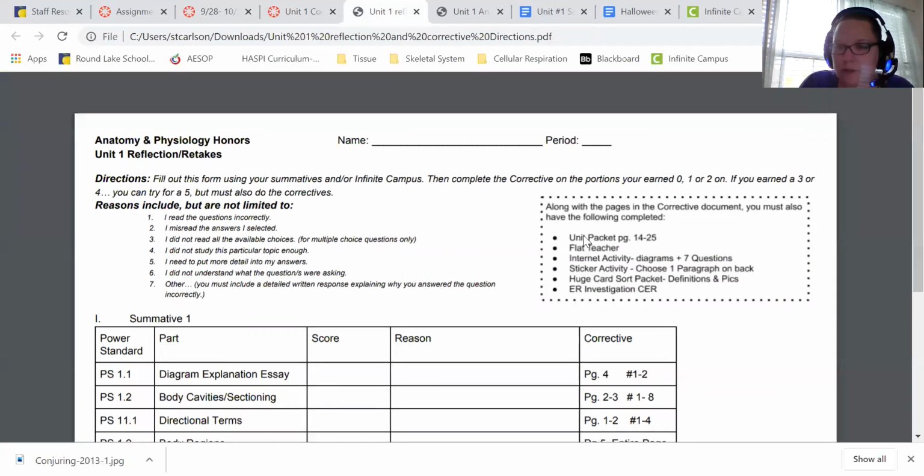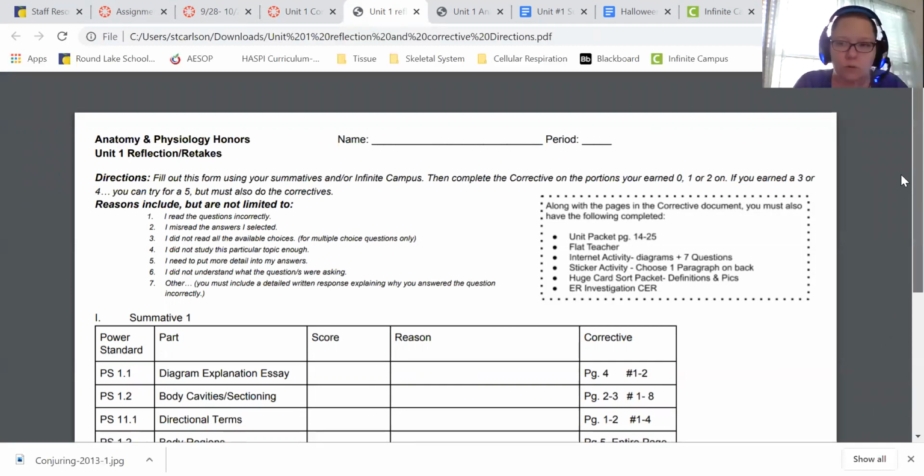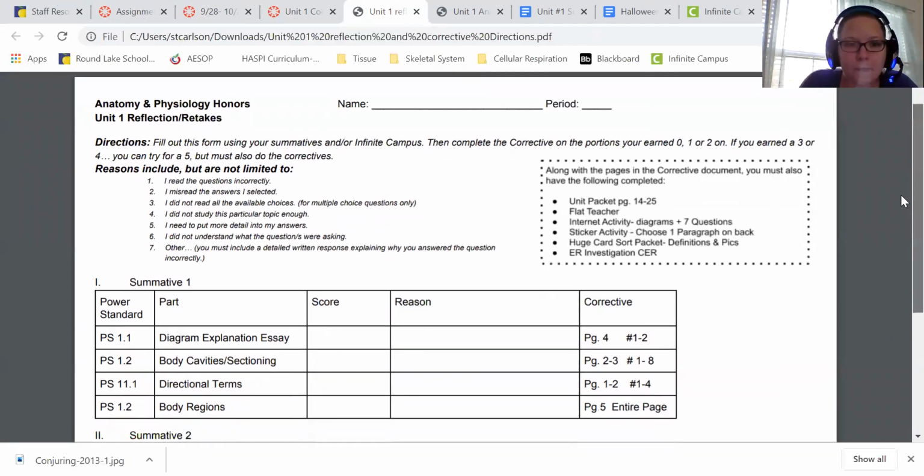If these things aren't in, please turn them in. The goal here is to show you that these 6 things are the most important things that we did for the unit to review the terms that we learned. So if you didn't do those things, that is probably why you need to be doing the retake.